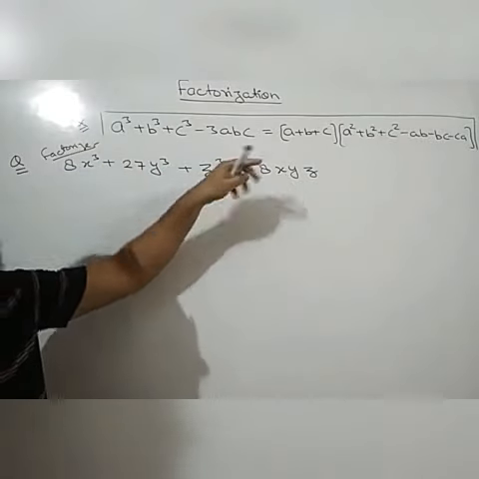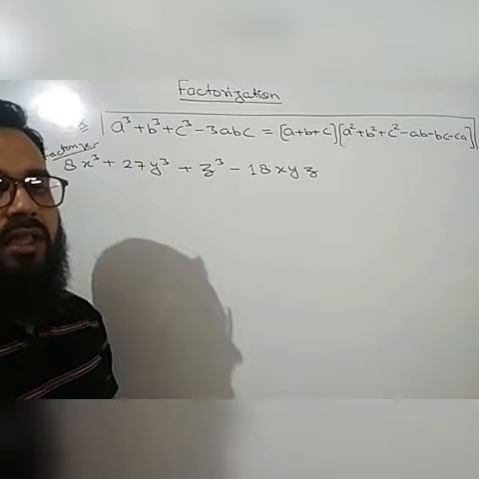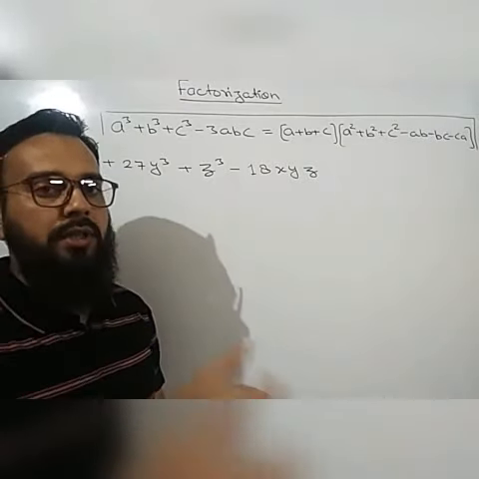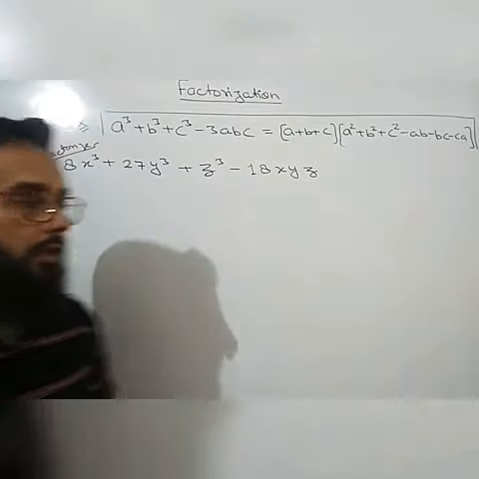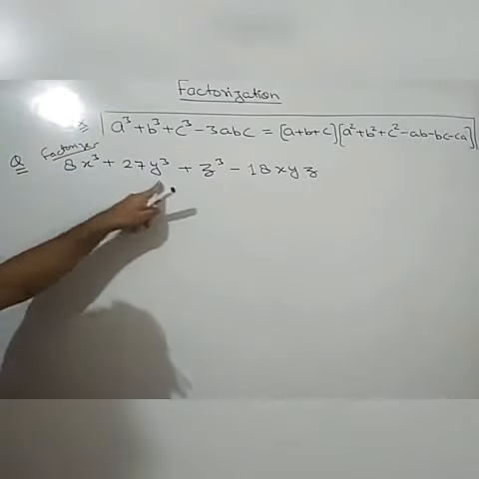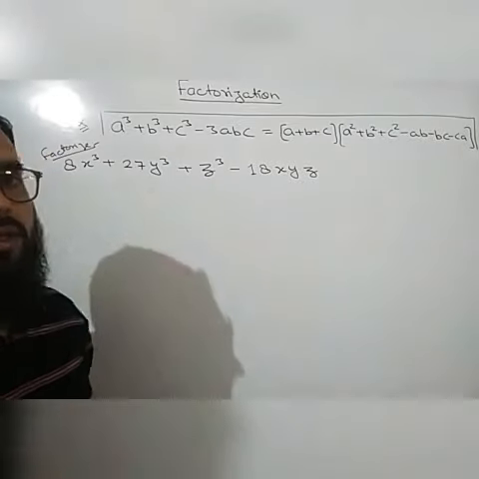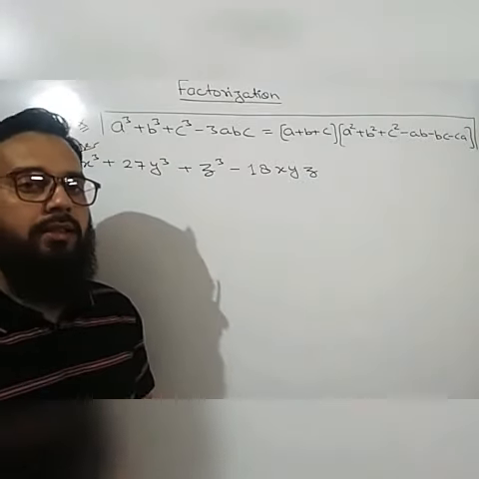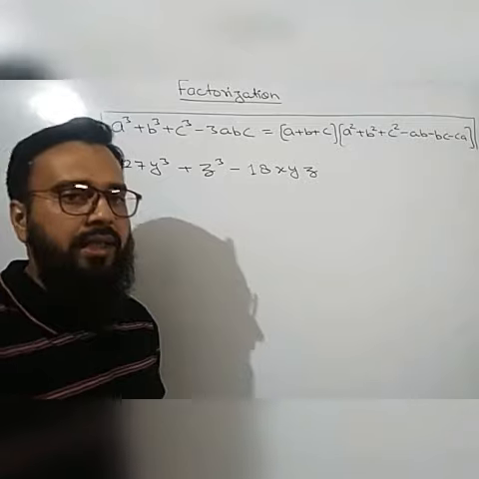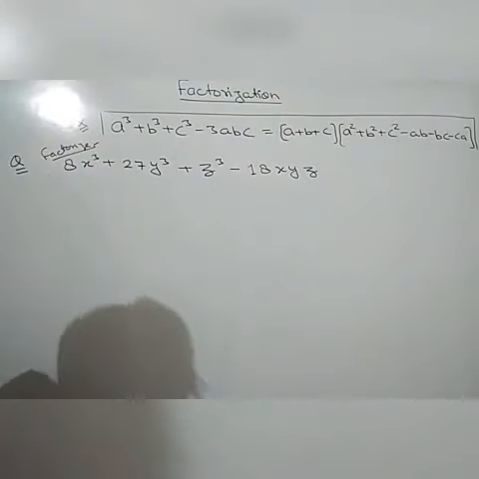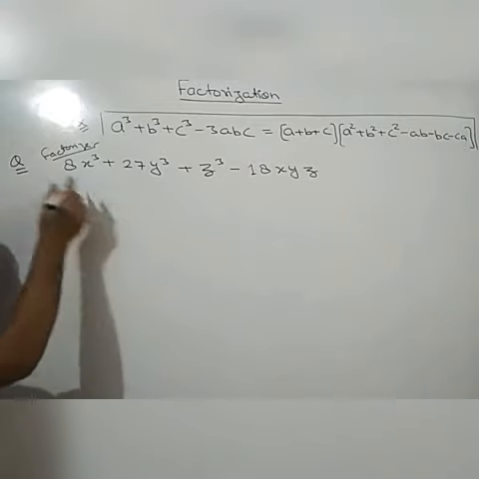It means if we get a question where there are 3 cubes on 3 expressions, then there will be one more term including all the 3 terms. But you have to arrange the terms in such a way that they form this particular identity.